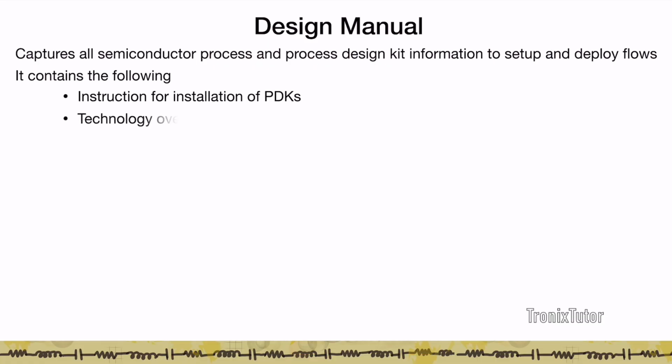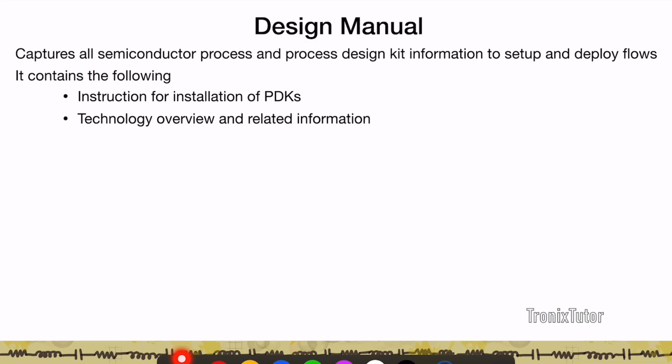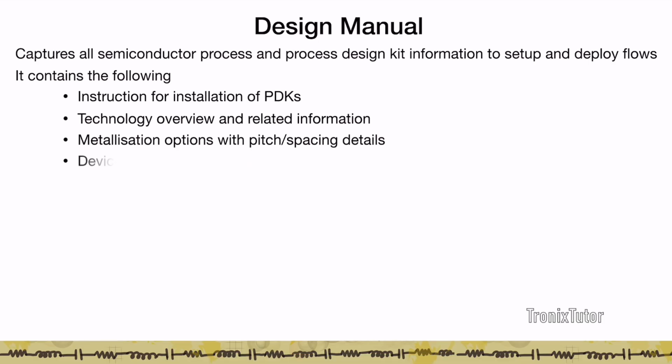So this would be instructions to install the PDKs, a technology overview, what kind of devices you're supporting, what kind of metal stacks you have, what kind of supply voltages, what kind of packaging you recommend, etc. We also look at metallization options with pitch and spacing. Again, you go back and forth with the foundry. If you need special requirements for your product, then you need to work with the foundry to ensure that that's being enabled on a particular process node.